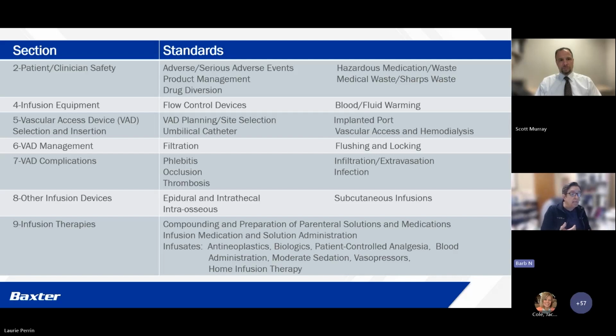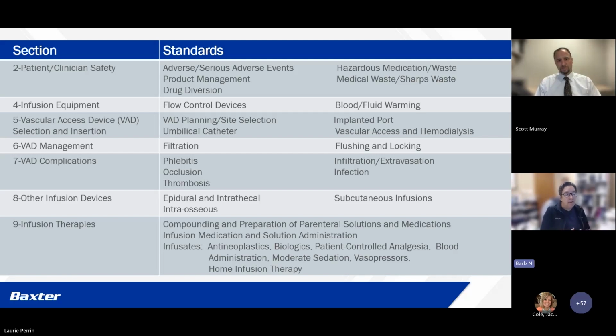Blood and fluid warming, vascular access device selection. We'll talk about that some in this webinar, but more significantly in the following one in December. But looking at the different access devices that we have: ports, intraosseous, umbilical catheters, VAD management.